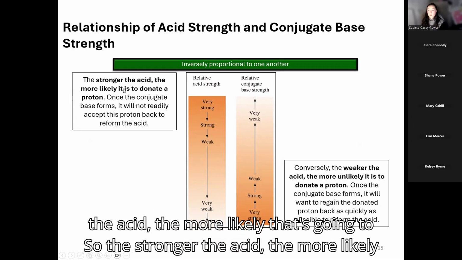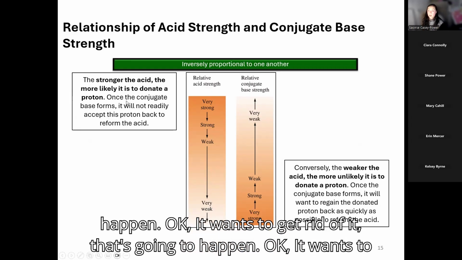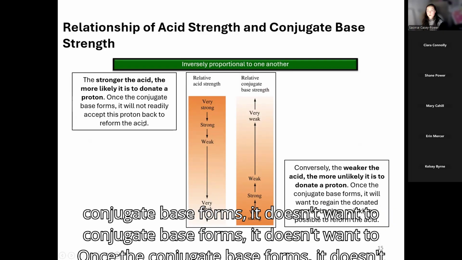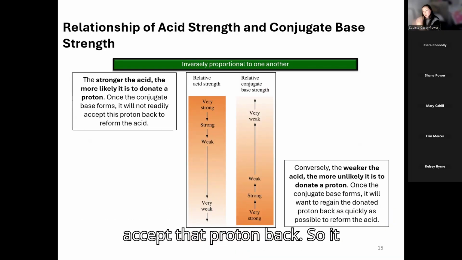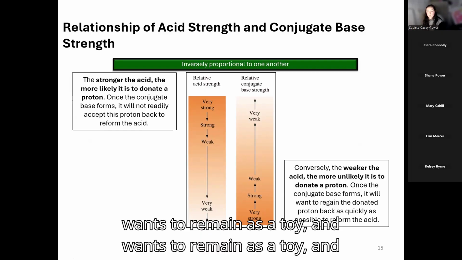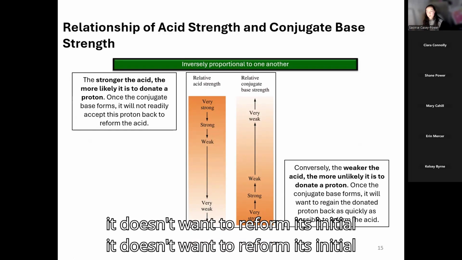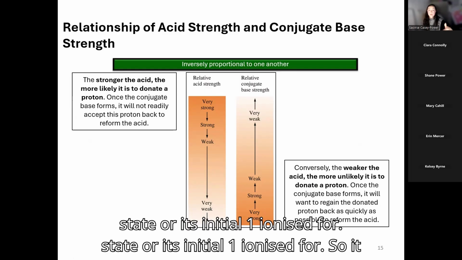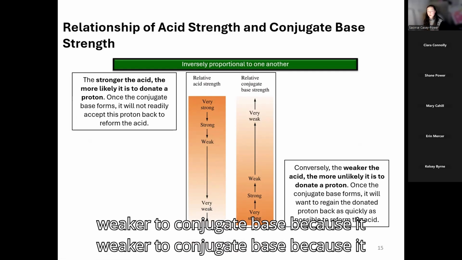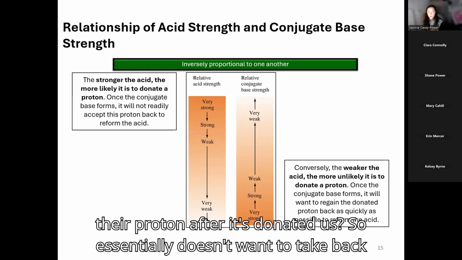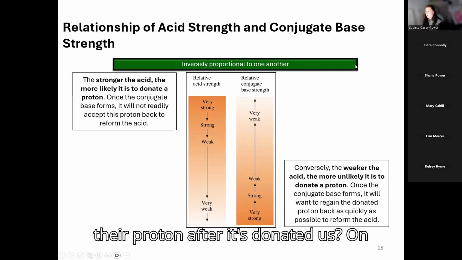So the stronger the acid, the more likely that's going to happen. Once the conjugate base forms, it doesn't want to accept that proton back. It wants to remain as its ion. It doesn't want to reform its initial unionized form. So the stronger the acid, the weaker the conjugate base, because it essentially doesn't want to take back that proton after it's donated it.